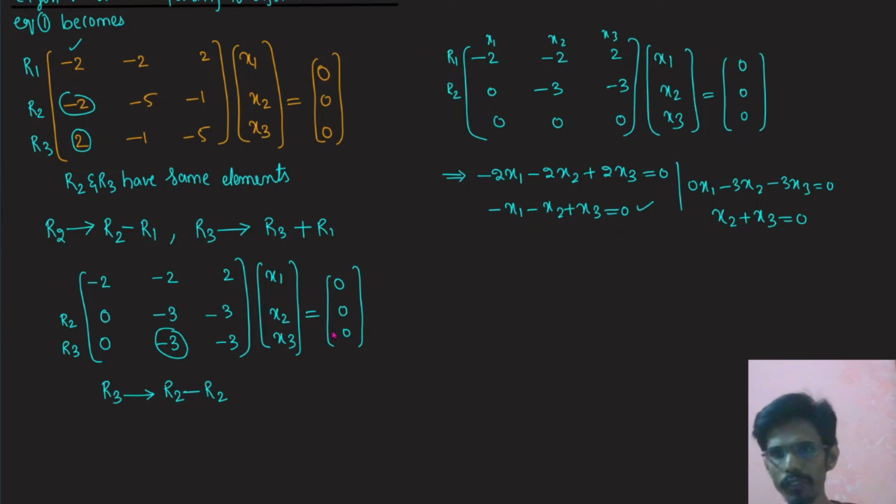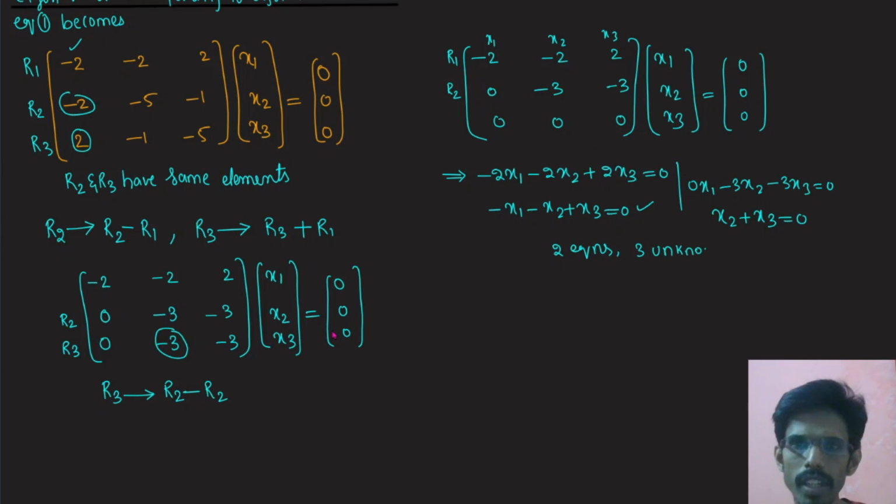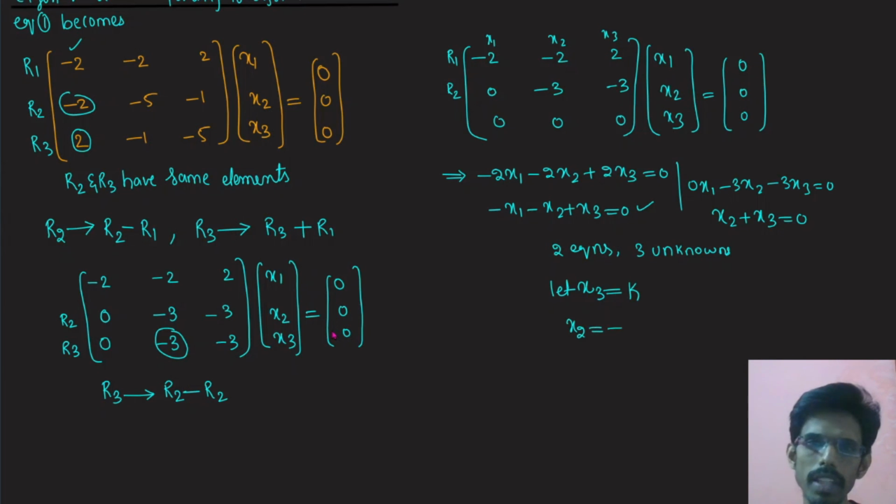Now we have two equations and three unknowns. It means that we have to select one of the unknowns. So let me take x3 as some constant k. Then x2 will become minus k.